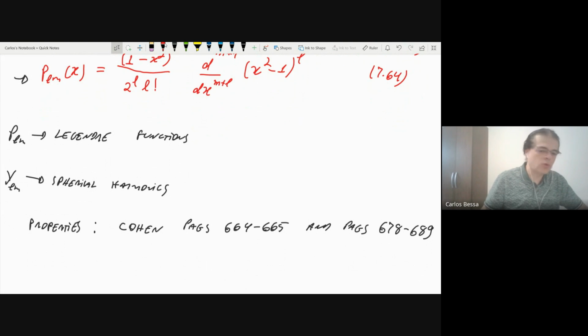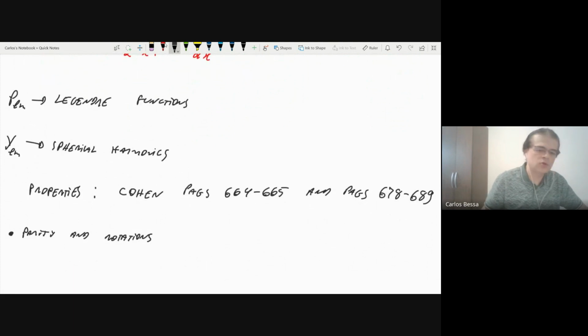So an important property here is the conservation of parity in rotations. That in general is when we change r, theta, phi for r, pi minus theta, and phi plus pi.